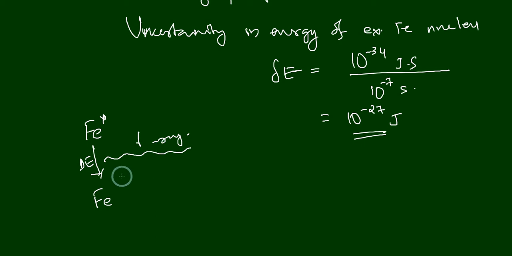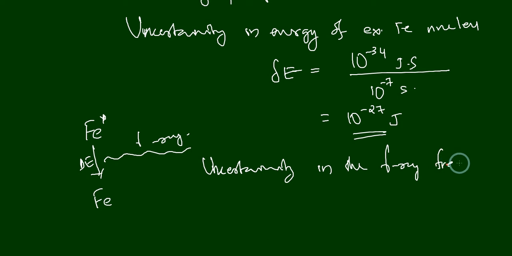Right? So we have to calculate the uncertainty in the gamma ray frequency, which can be easily calculated. We have the energy uncertainty, and from here we can get the frequency uncertainty, because you already know that E is equal to h nu.